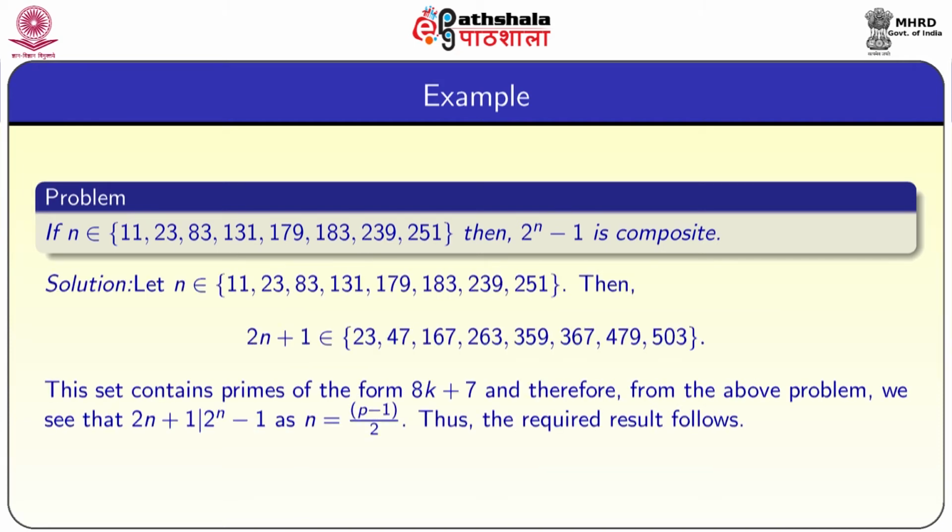The solution goes like this: let n belong to one of these, then 2n+1 belongs to {23, 47, 167, and so on, 503}. The set contains primes exactly of the form 8k+7, and therefore, from the above problem we see that 2n+1 divides 2^n minus 1, as n is equal to (p-1)/2. Thus, we got the required result.